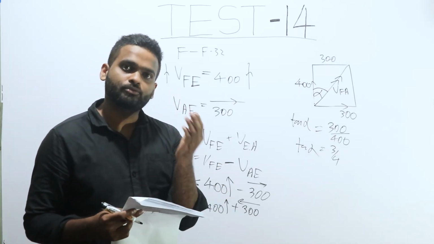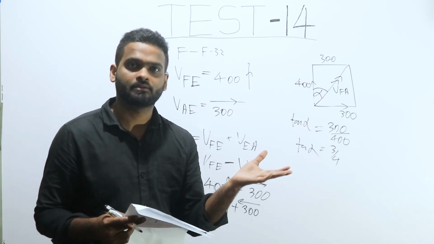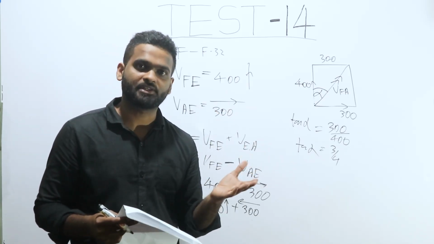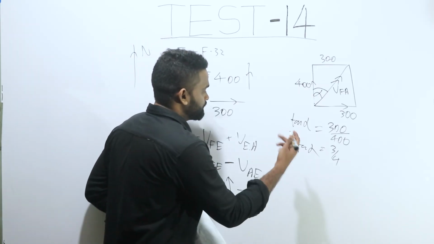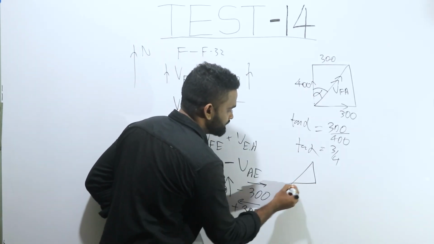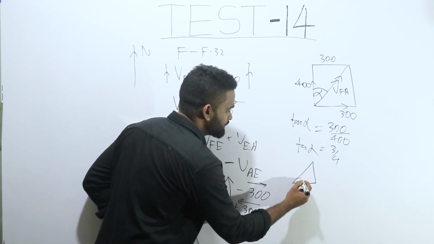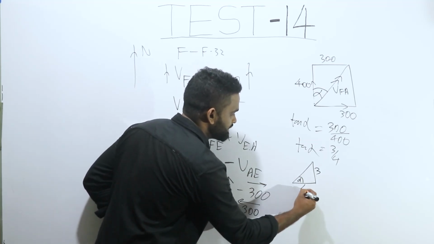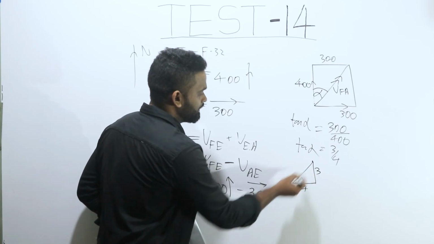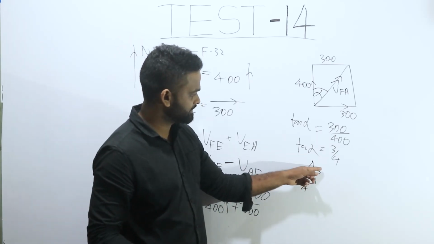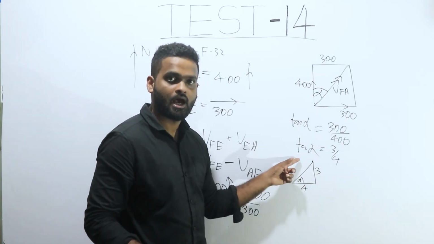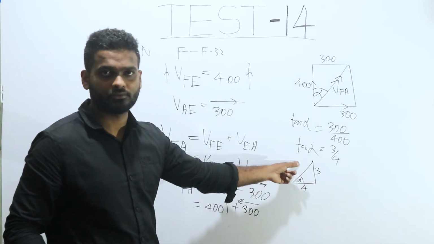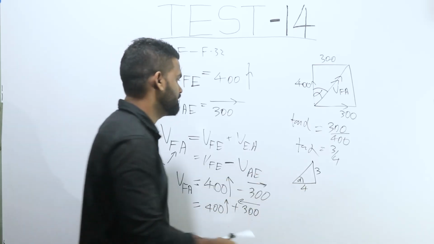So that answer could be a different trigonometric ratio. It could be sine or cos, right? So to figure that out, I'll again draw a triangle. So this should be 3 and this should be 4. Opposite side, adjacent side. So this represents the tan alpha, then hypotenuse should be 5, right? If it is 3 and 4, it should be 5.